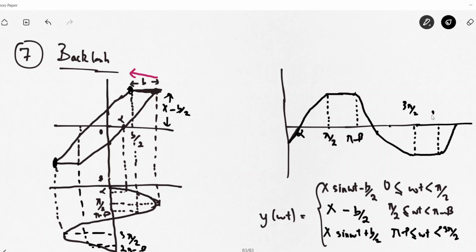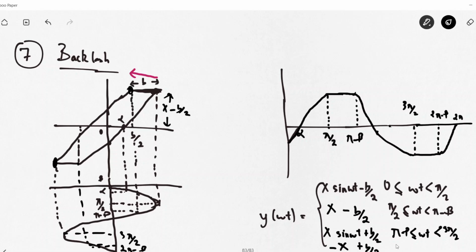So this is 2 pi minus beta, this is our 2 pi curve. From 3 pi by 2 up to 2 pi minus beta, the output is minus x plus b by 2.